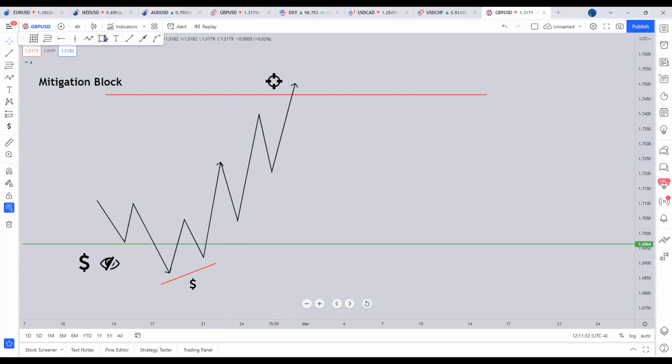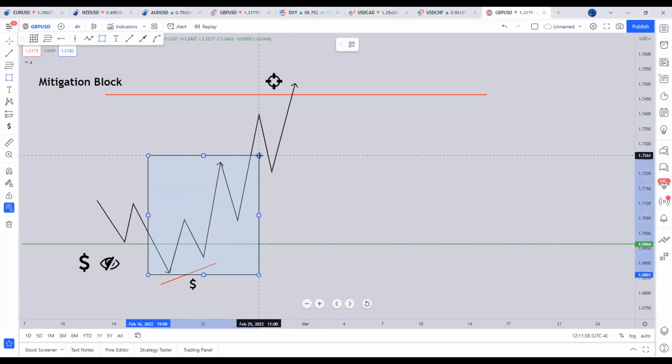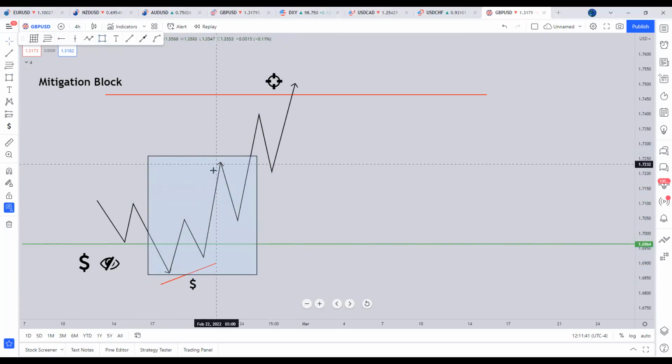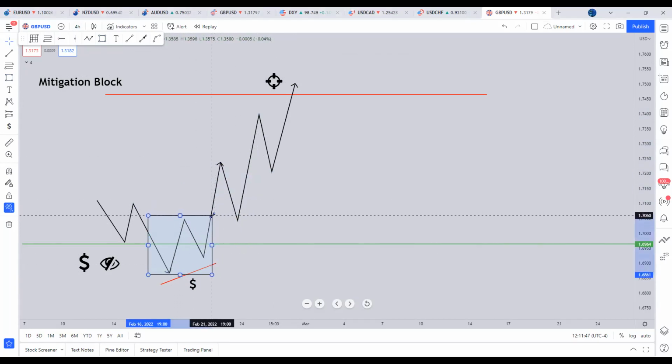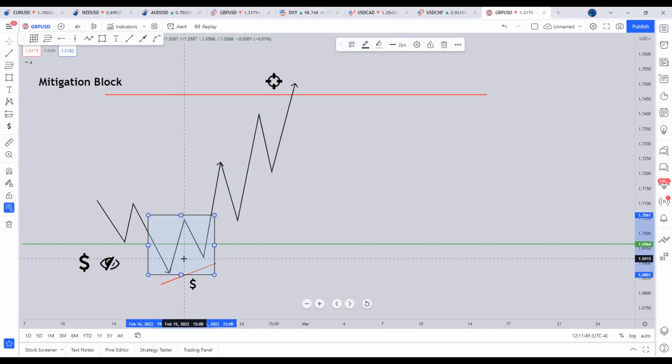So the point that we want to actually look at is this right here. This here is your mitigation block.